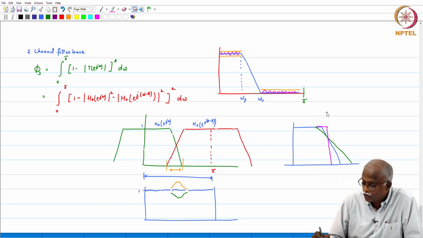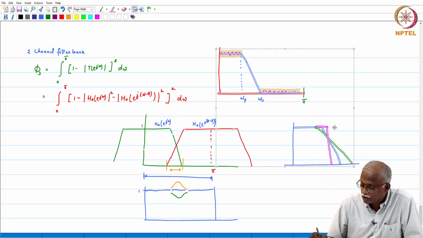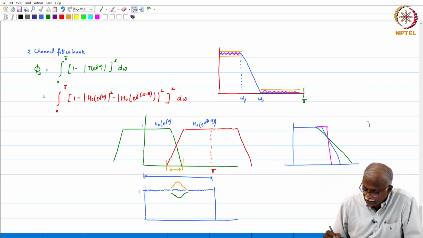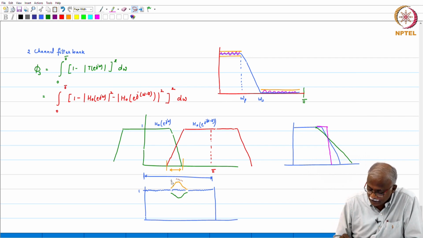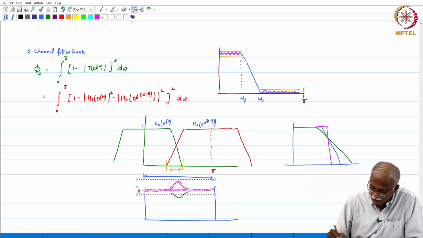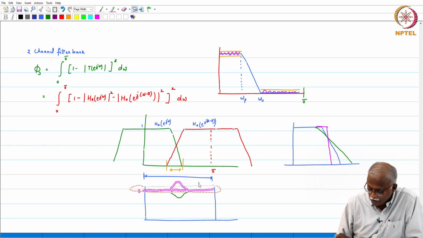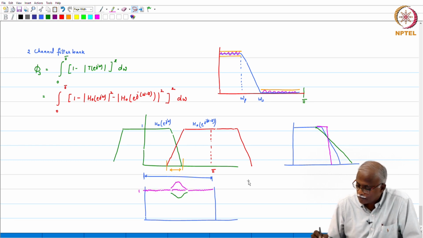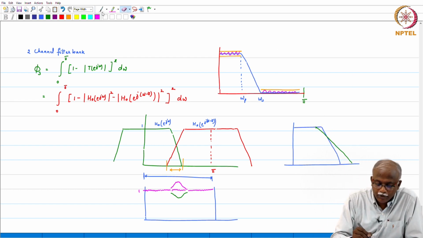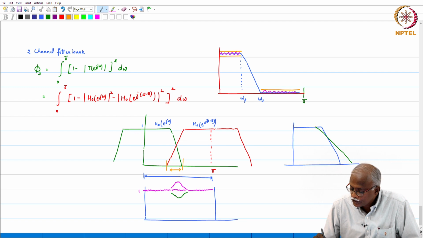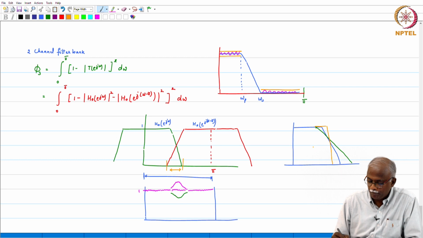Okay, so let me just draw it with orange. This could be the case when you get a bump here.